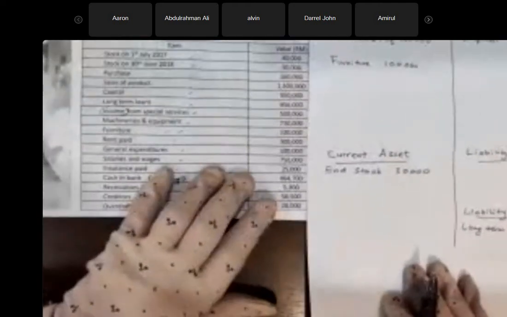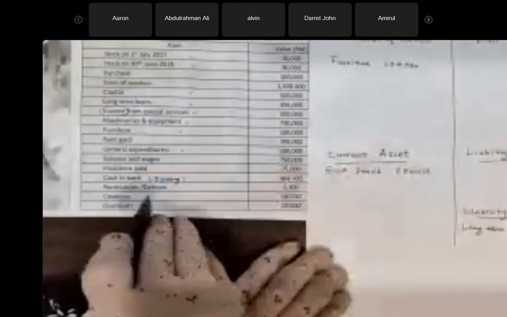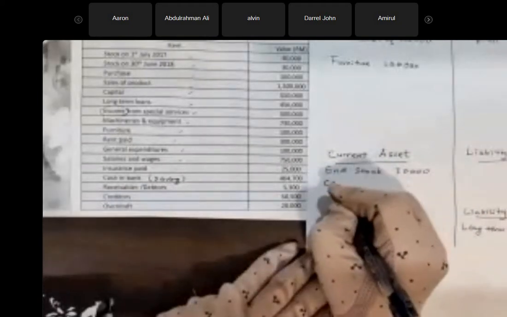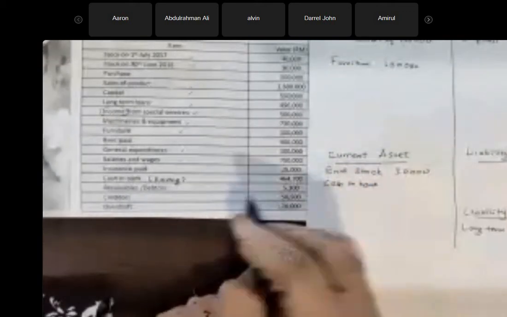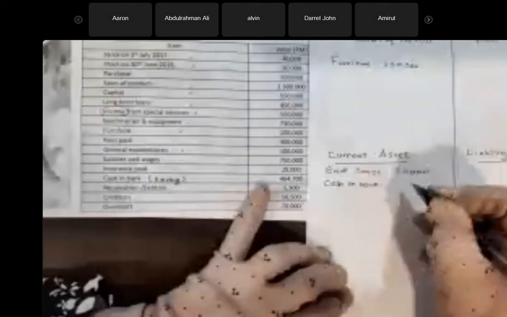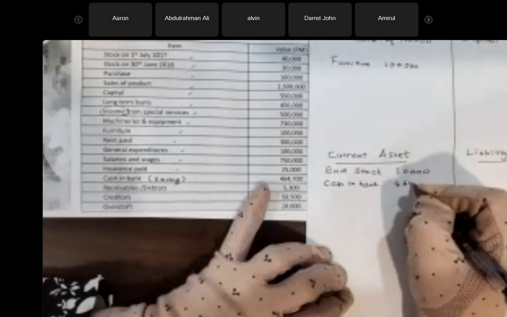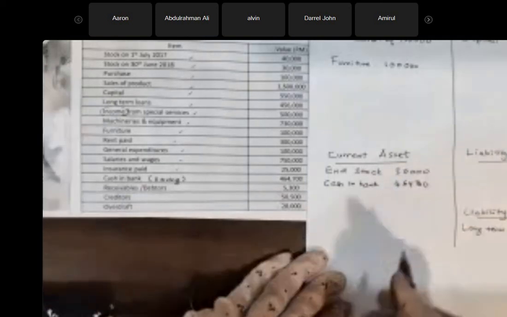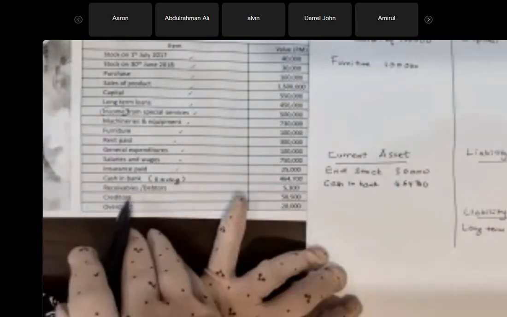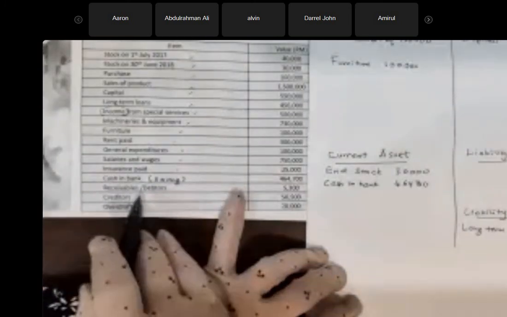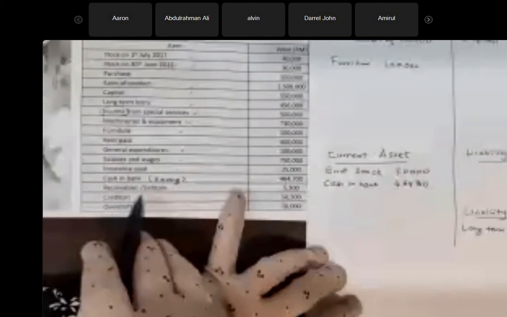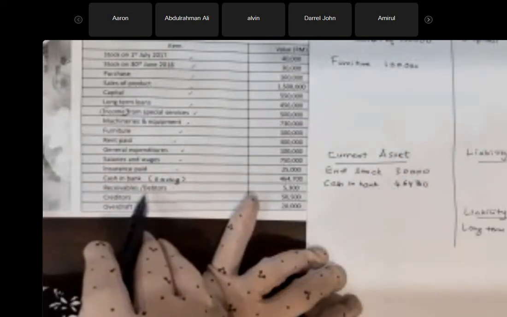Current asset. Okay, here current asset, cash in bank. Cash in bank 464,700. Okay, receivable. What is this? Someone owes you. Or we call it debtors.